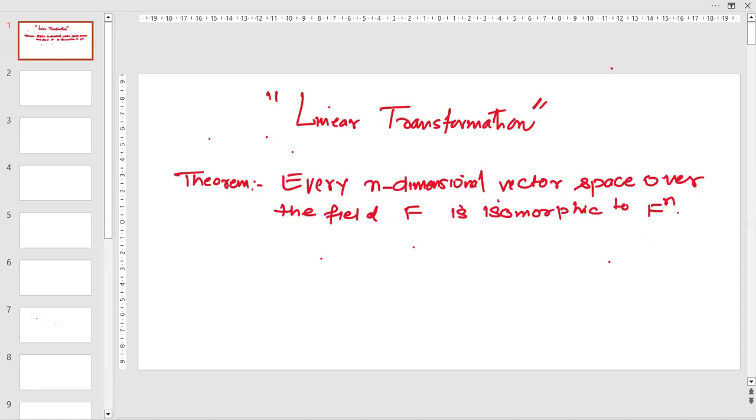So we'll prove this. Analysis of the theorem.